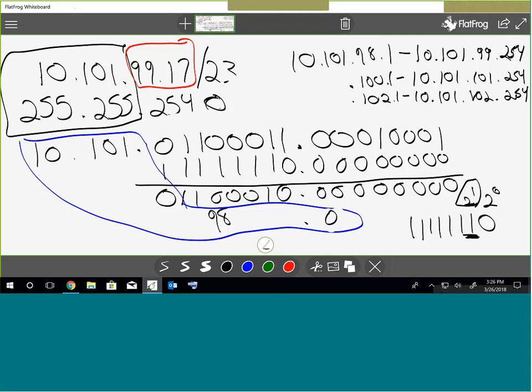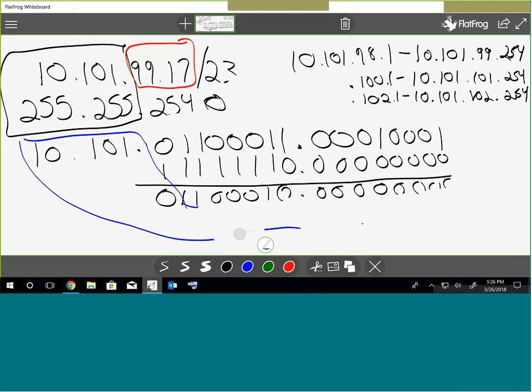Okay? If we look at this, and we look at our starting IP address of 98.0, let me just try to use my finger. We know it is 10.101.